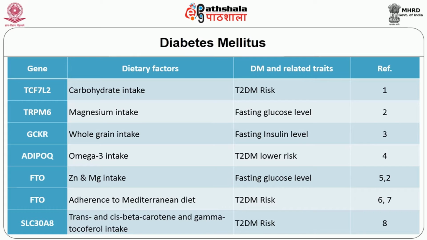And coming to one or two factors like, say for example, trans and cis beta carotene and gamma tocopherol intake reduces the risk for type 2 diabetes mellitus.